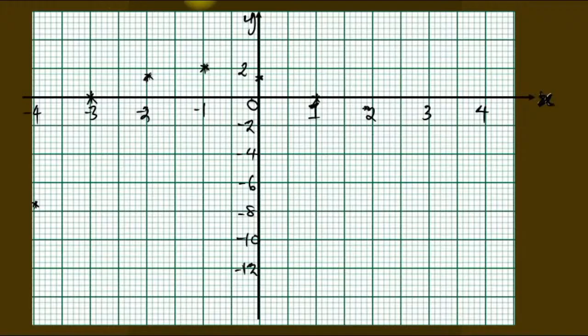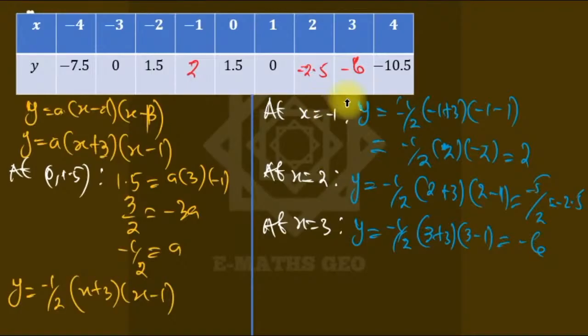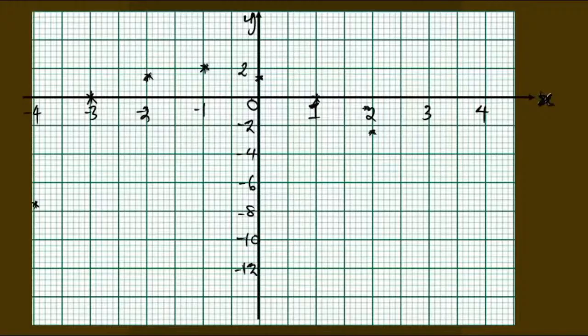Is 6. So when x is 3, y is minus 6 again. Okay, we can see minus 6 is there. And finally when x is 4, y is minus 10 points.